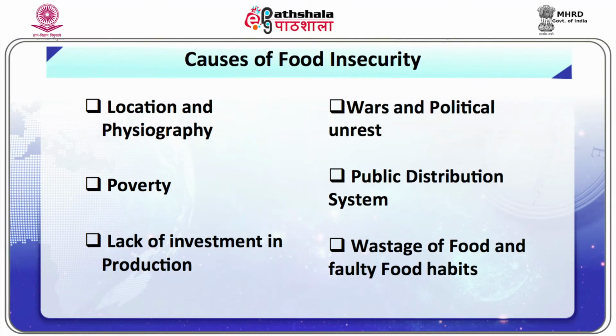Location and physiography. Location, climate and physical settings of an area affect agricultural production. The countries that are prone to natural disasters, floods and droughts are considered to be food insecure. For example, in 2011 in Ethiopia, Somalia and Kenya, the sudden drought led to crop failure and death of livestock.